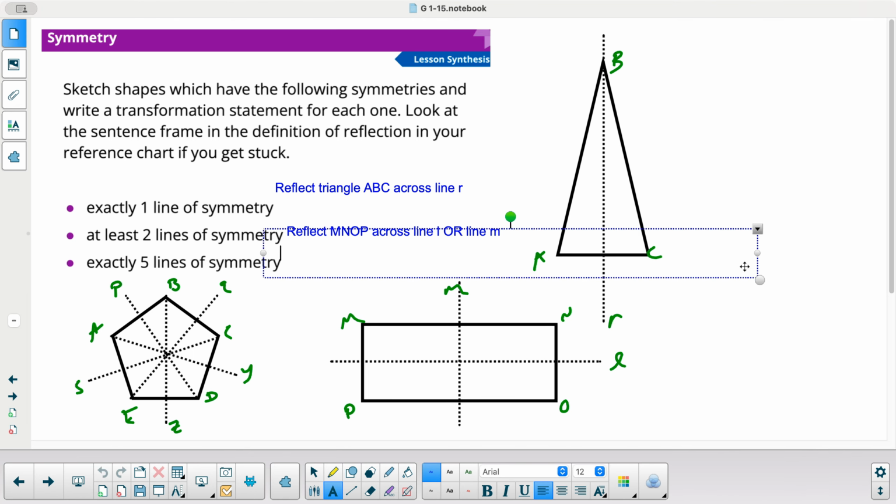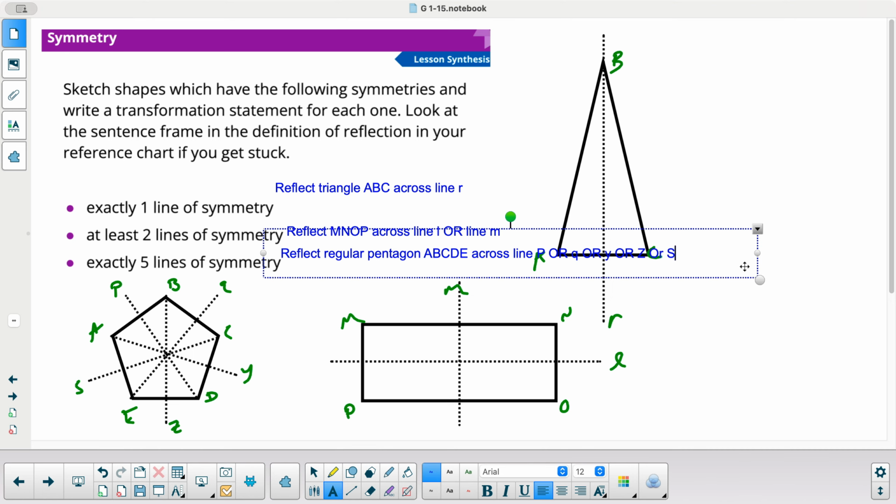And I'm going to write my transformation. I'll say reflect regular pentagon ABCDE across line P or Q or Y or Z or S. Okay, any one of those lines will work.